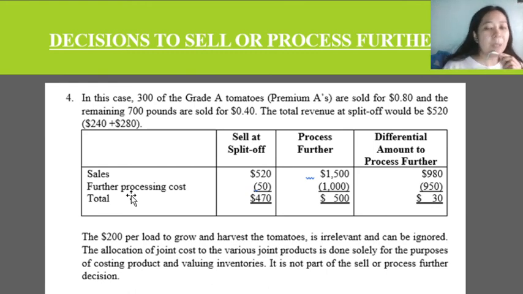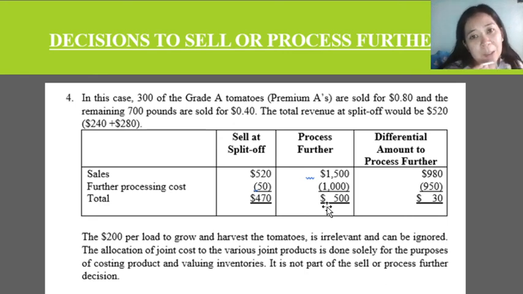However, if the company processes it further into hot sauce, the same as in number 3 analysis, the net benefit is $500. So in this case, again, it is still better for the company to process further because it will have a differential amount of $30.